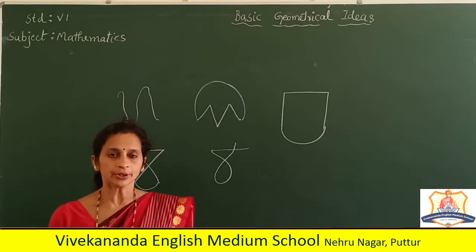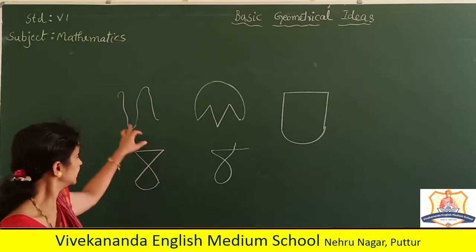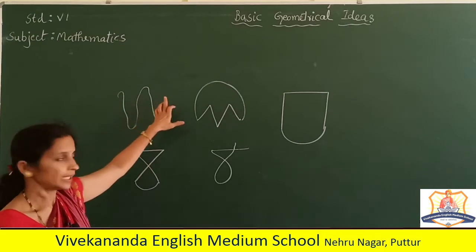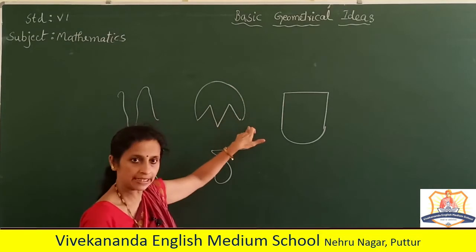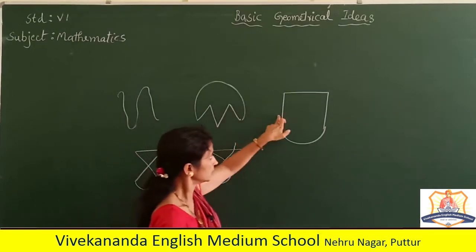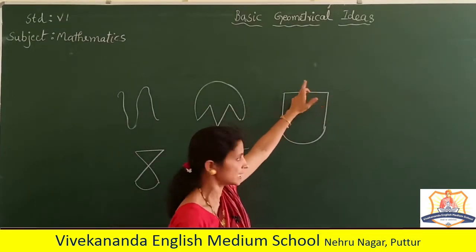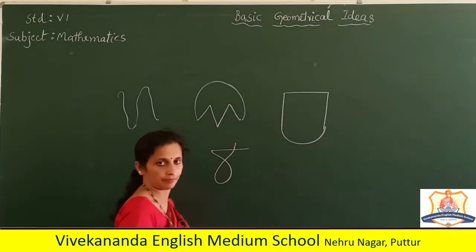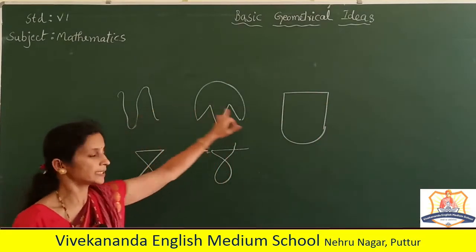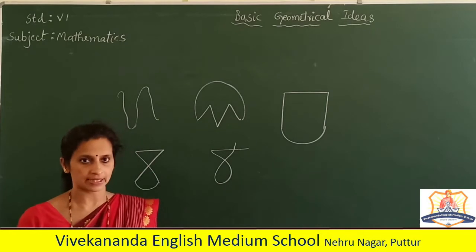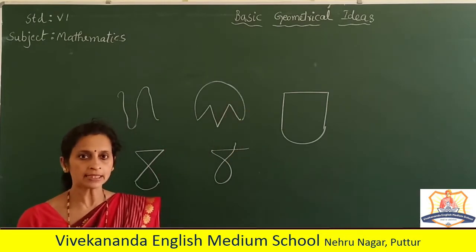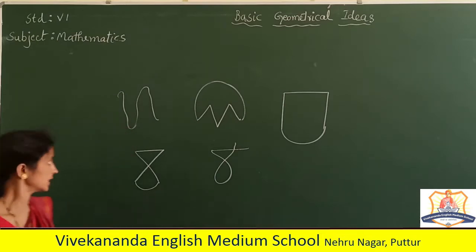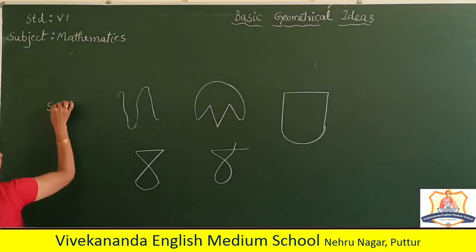Under this you can see curved ones and straight lines, and there is no crossing in these 3 figures. So what type of figures are these? These are known as simple curved figures. So these are simple curves.